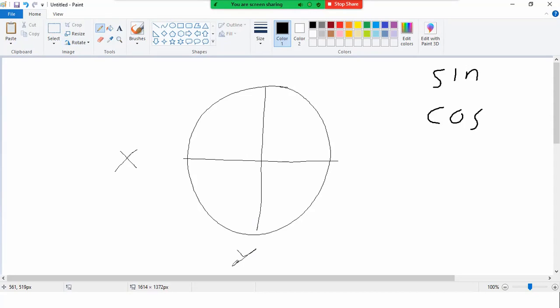So X is cosine and Y is sine. Here's how we can look at this.